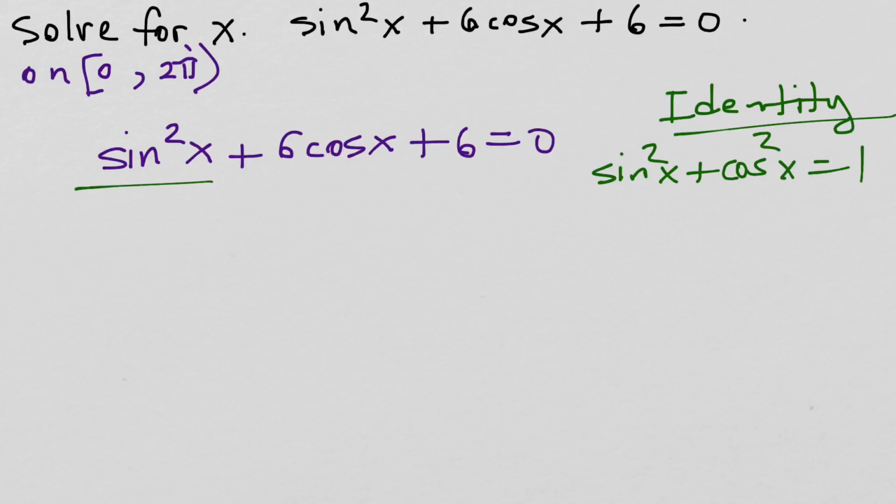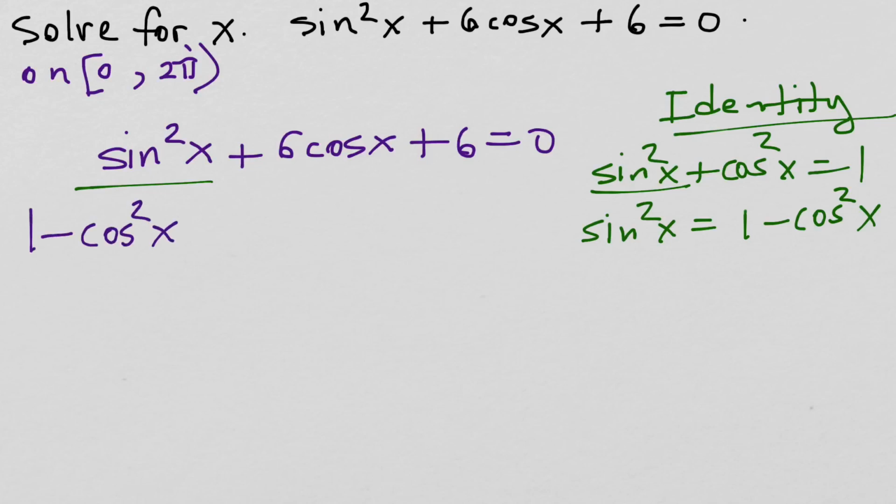So if we want a substitution for the sine squared of x, that means we want to move the cosine squared of x over to the other side. Wherever I've got the sine squared of x, I can replace it with 1 minus the cosine squared of x.